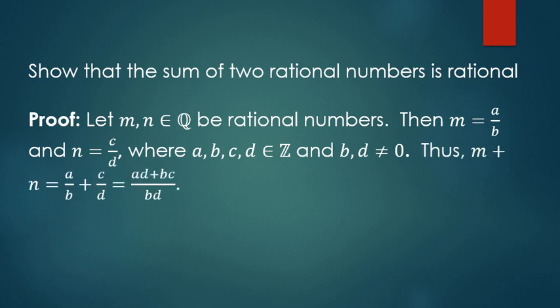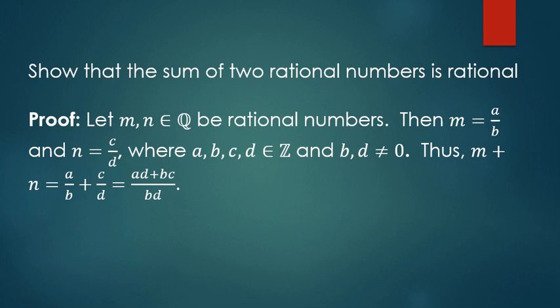So m plus n is simply a over b plus c over d, but I want to turn this all into one fraction because this right here is not helping me. Just leaving a over b plus c over d is not putting this in a form where I can verify the two things that I need to verify to know that I have a rational number.